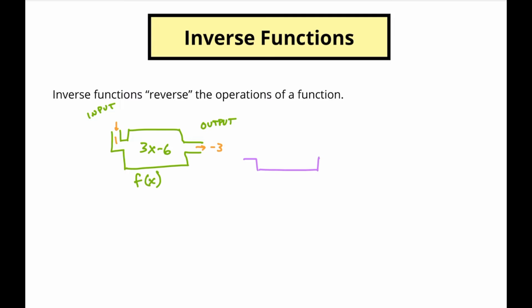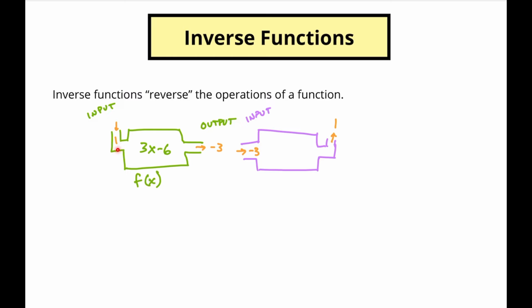Now, if I've got an inverse function, this inverse function is going to take that input. Again, let's draw another function machine. What that's going to do is make the input be the output from the original function. So going into this thing is going to be negative 3. And then I need some kind of rule that is going to spit out a value of positive 1.